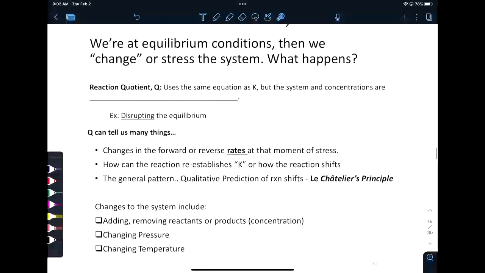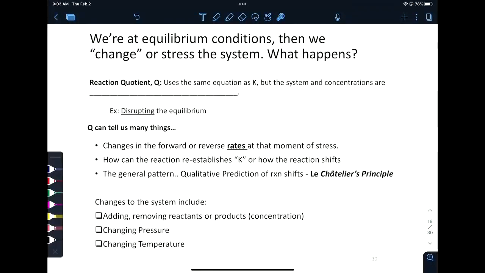So when we stress the system, what happens? The reaction quotient helps us predict what direction the reaction can go. If we change the system, we can quickly calculate Q and figure out what direction it goes. Use the same equation as K, but the system concentrations are not at equilibrium. That is what our reaction quotient is.